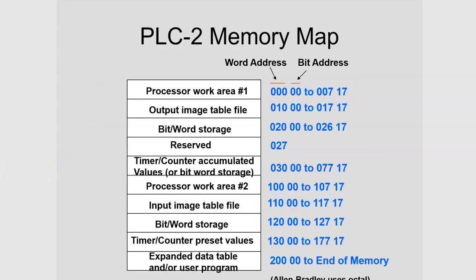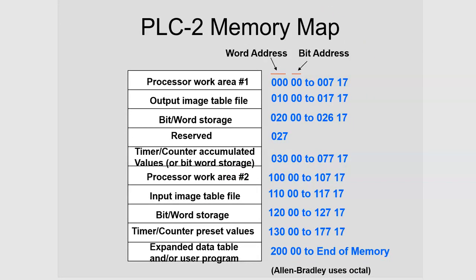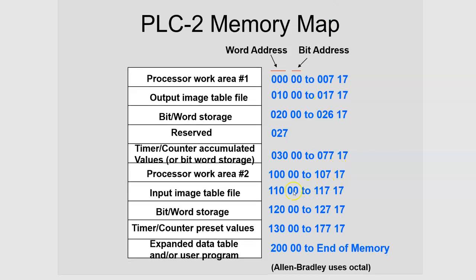This next slide shows a more detailed view of a memory map, and you can't really see it. Let me move this down, but this is for Allen-Bradley PLCs. It says Allen-Bradley uses octal. You might see here the number system looks a little weird, but if you remember octal is base 8, so we go from 0 to 7.